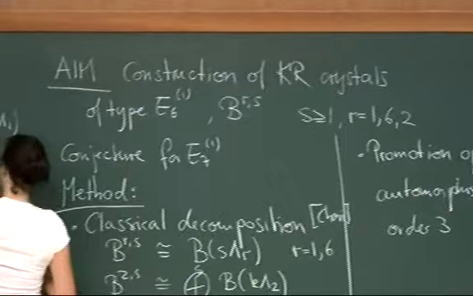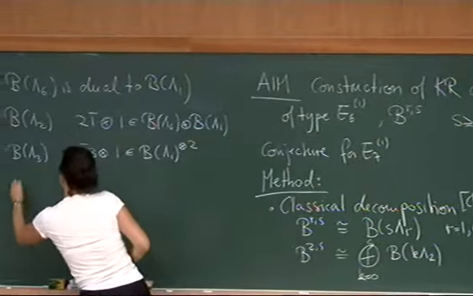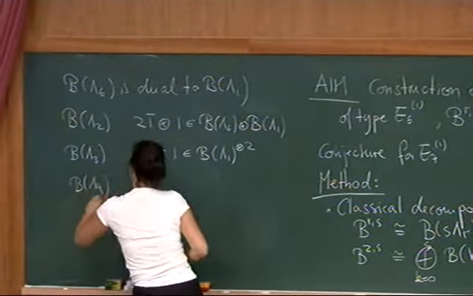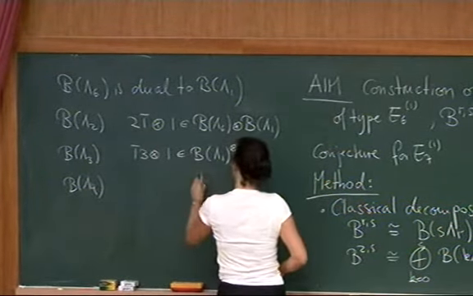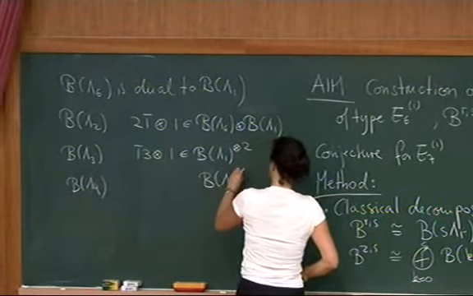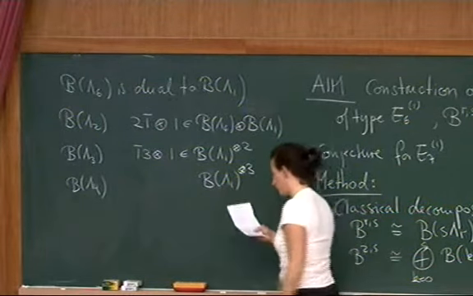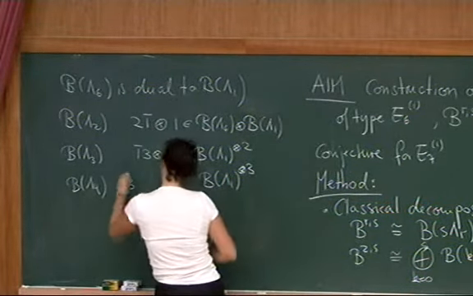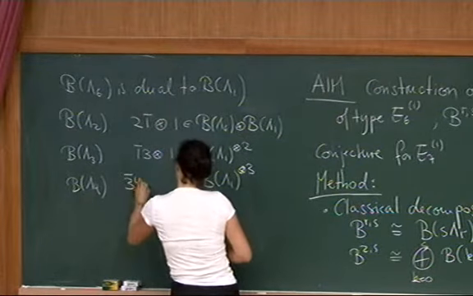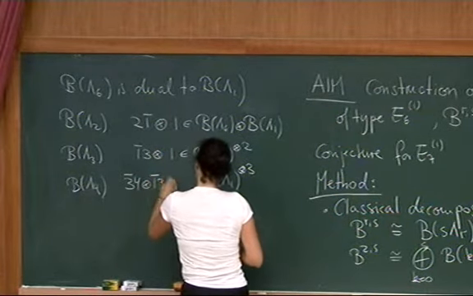And then similarly, B lambda 3 you get by taking 1 bar 3 tensor 1, and this sits in B lambda 1 squared. And then B lambda 4 you can get by looking at B lambda 1 cubed, and the element that generates this is 3 bar 4 tensor 1 bar 3 tensor 1.